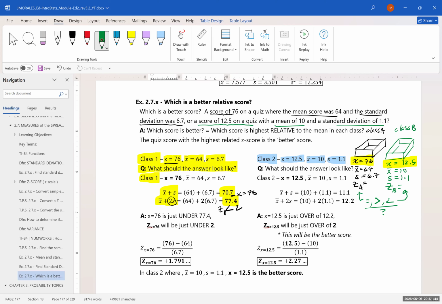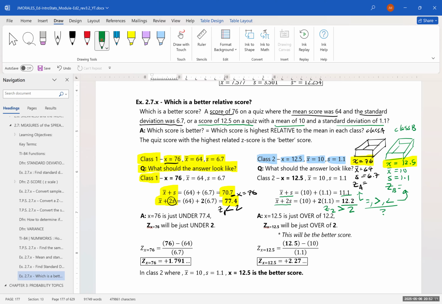And for class 2, if we do one standard deviation above, we get 11.1. And if we do two standard deviations above, we get 12.2. So actually, we're going to expect our second z-score to be greater than 2.